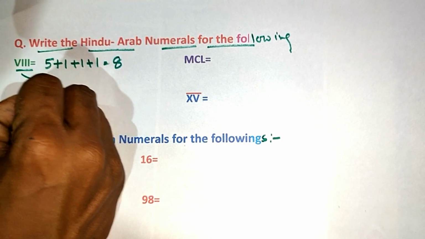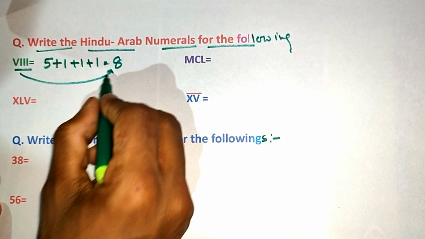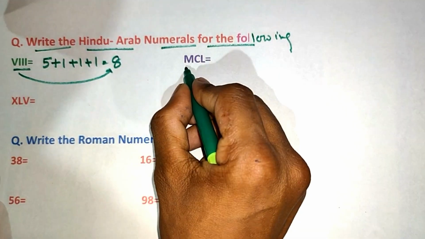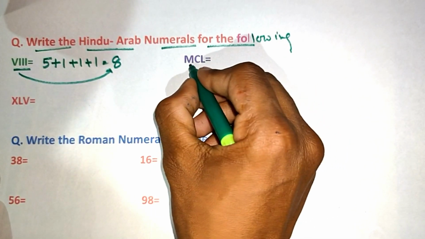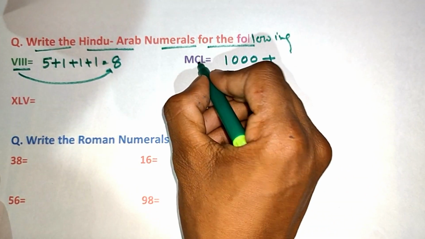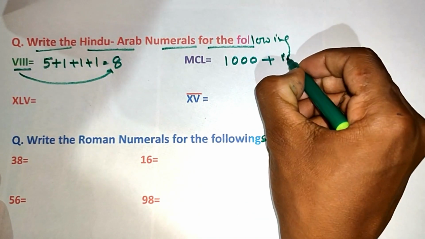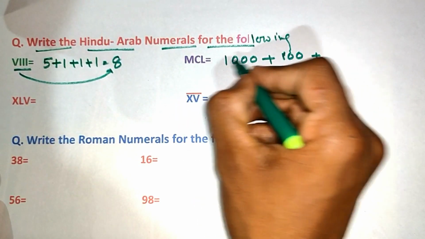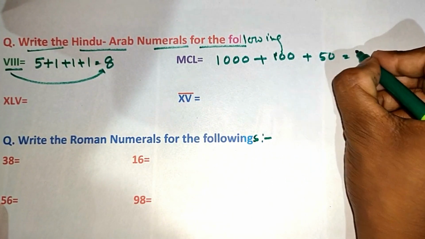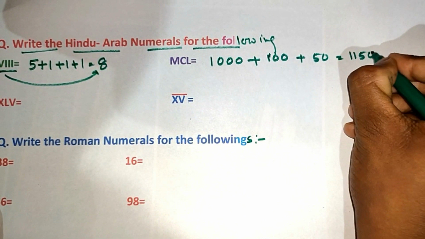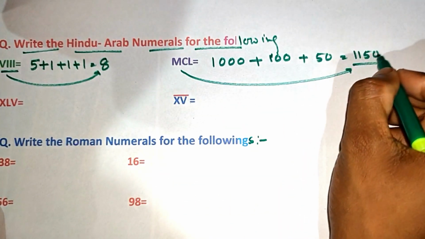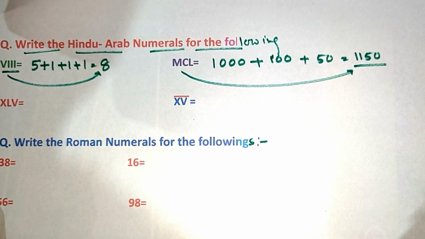So 8 represents this Roman number. Now this one, here M represents 1000, then we have to add C, which represents 100, and L represents 50. So it will be 1150. So this is how we can write Roman numbers as Hindu-Arabic numerals.